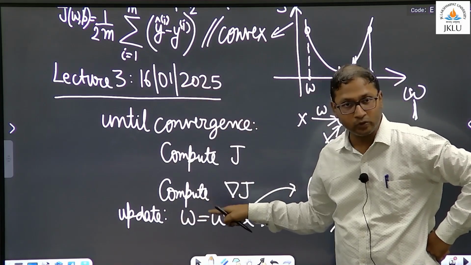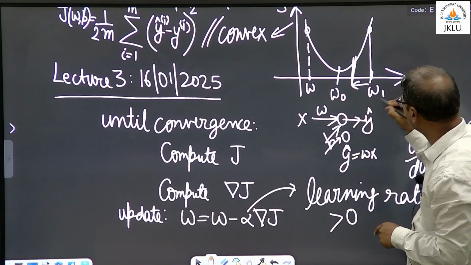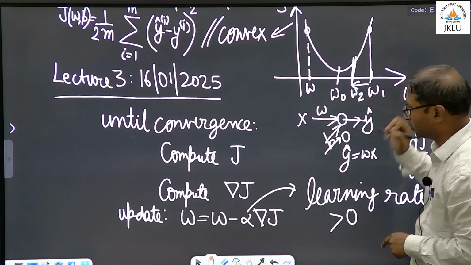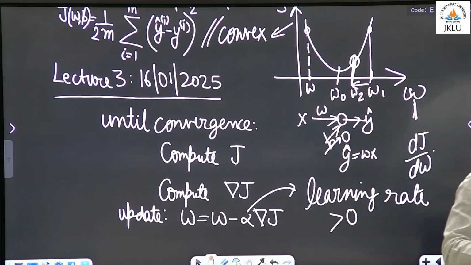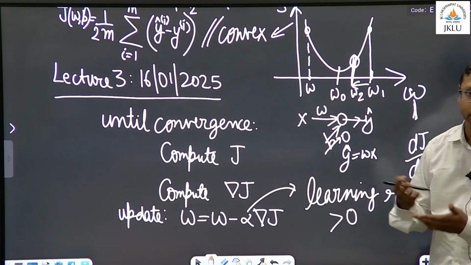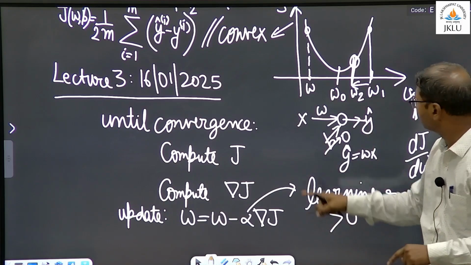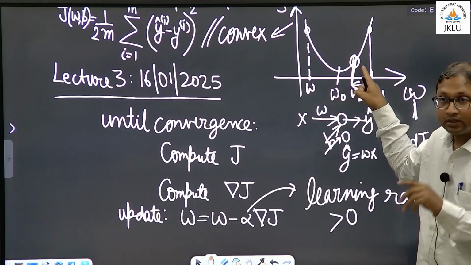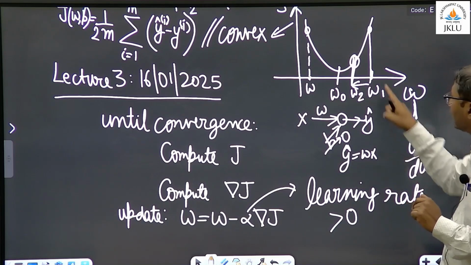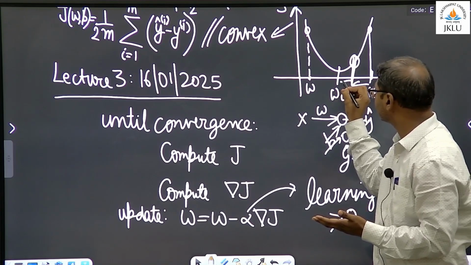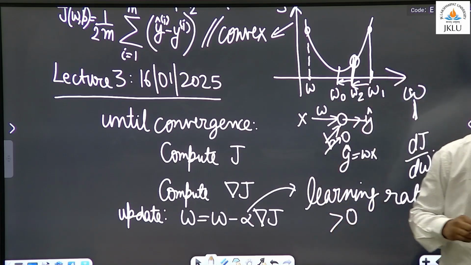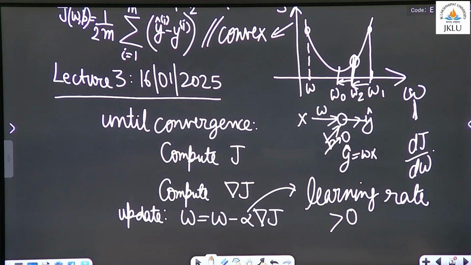We have updated W. So now W1, let us say we have come to W2. What happens now when we are here? Compute J, compute grad J. This time grad J will be different. I mean, in general it will be different. You do that. Is dJ by dW still positive? Yes. I will keep on moving in this direction. Will I ever reach W naught?